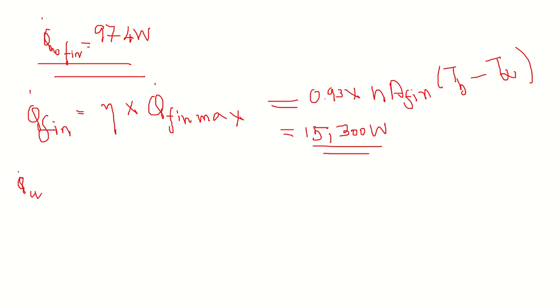So Q dot of unfin is equal to h A unfin into TB minus T infinity.